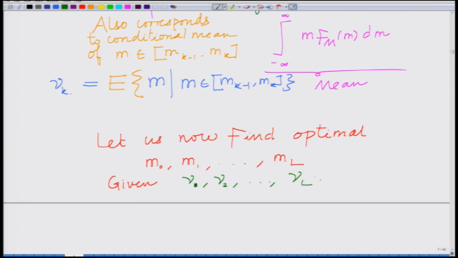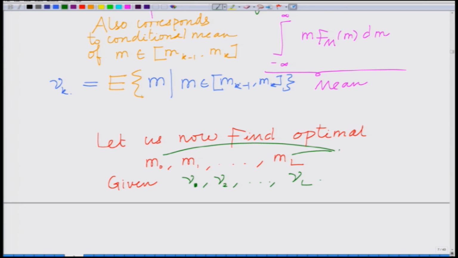Now, in this, m_0 and m_L, which are the first and last boundaries, we can ignore, because m_0 and m_L are determined based on the dynamic range of the quantizer.